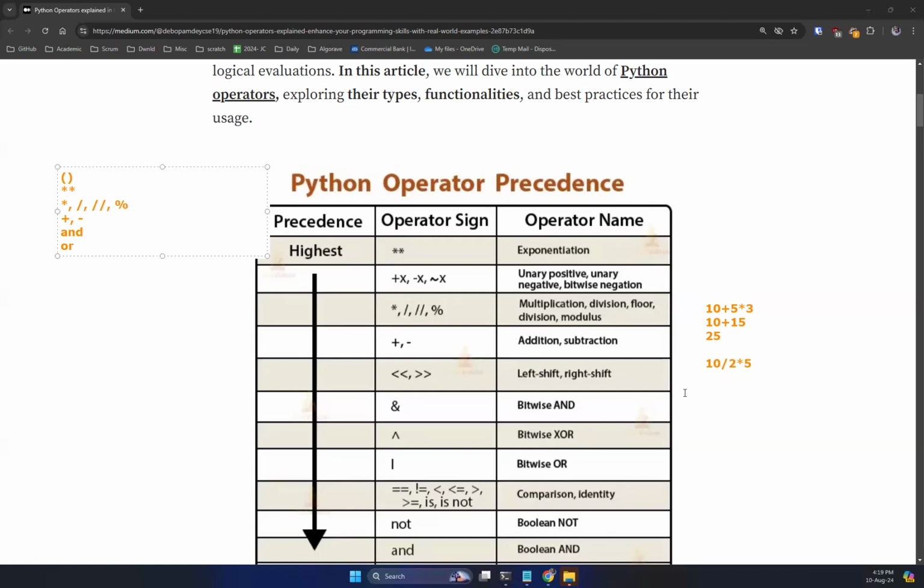Now, when it comes to brackets, we have to say left to right. Exponents, left to right. Multiplication, division, floor division, and modulus, left to right.